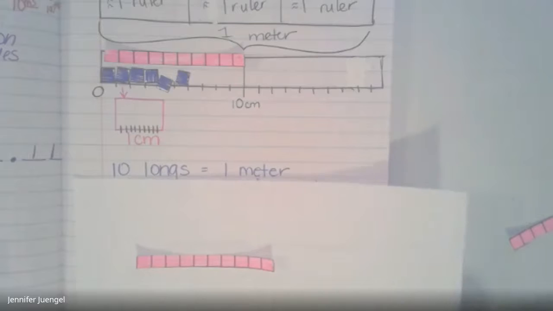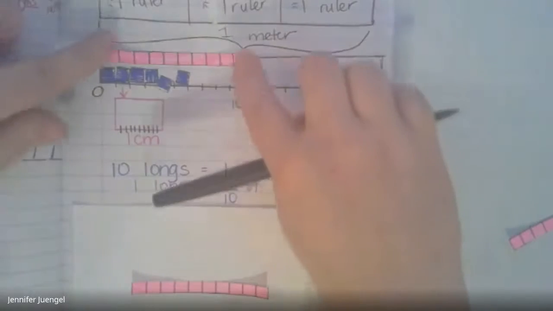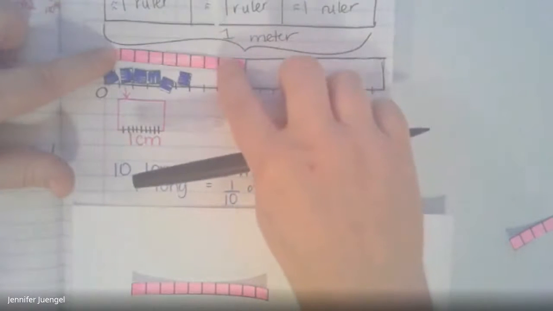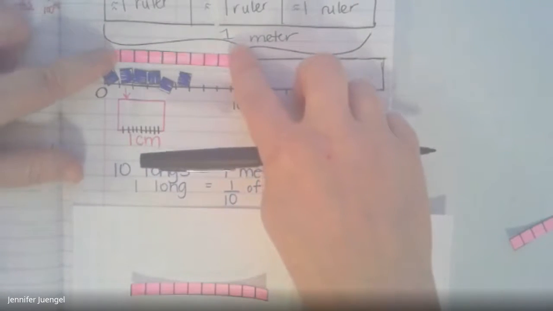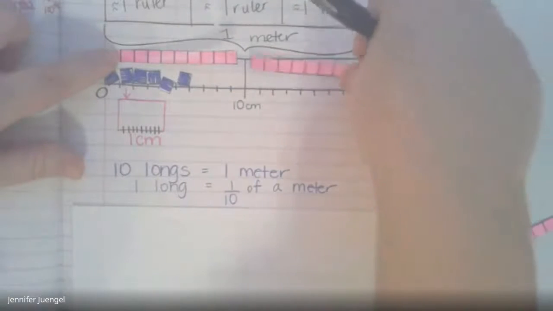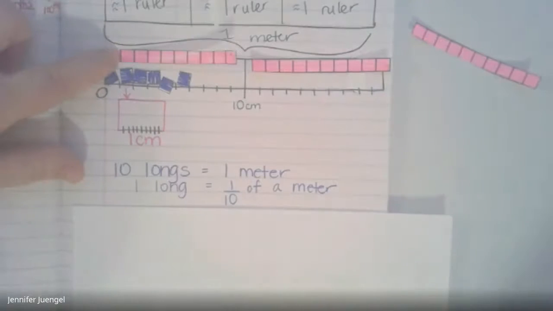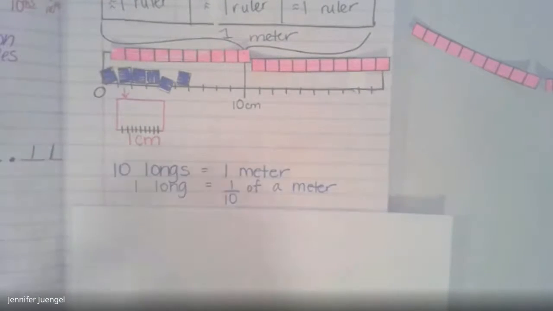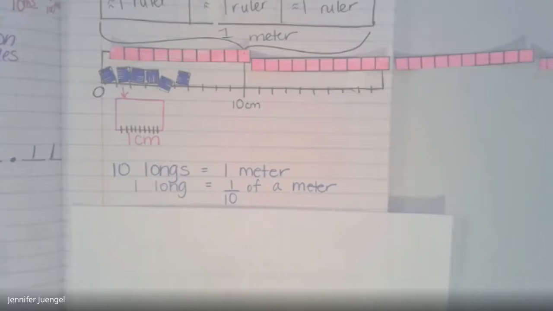That means one long is a fraction. One long 10 stick, like this one here, is actually one part out of 10 parts that I would need. So if I lined all my 10 sticks up end to end with no gaps and no overlaps, it would take 10 sticks to make 1 meter stick.